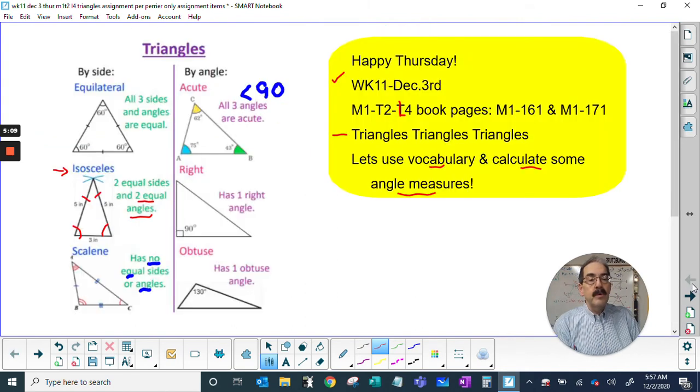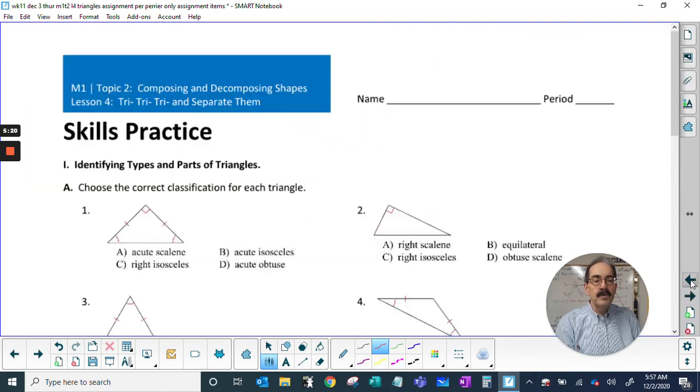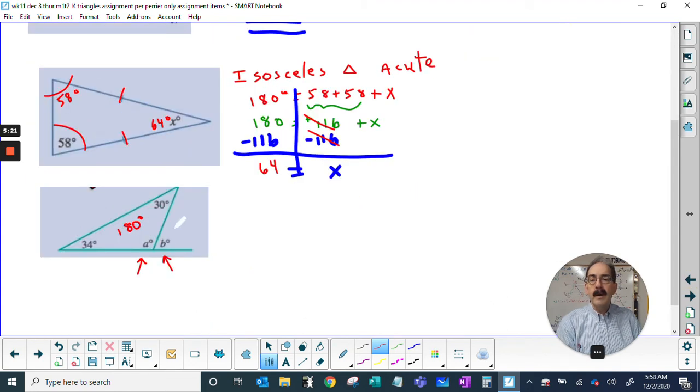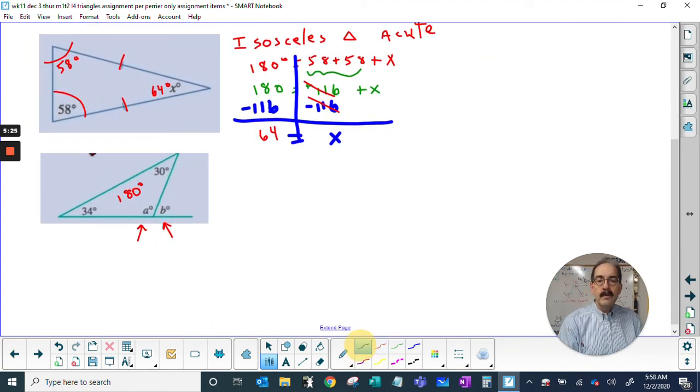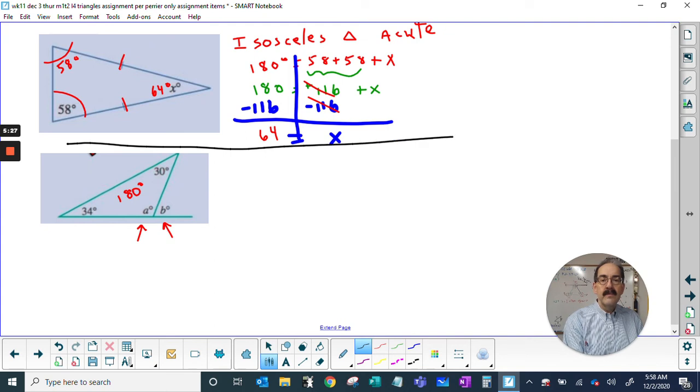What's the word that we use for triangles that are larger than 90 degrees? Obtuse. Let's see if it truly is obtuse. Draw a little fence here. We have 180 degrees is equal to 34 plus 30 plus A. Combine our like terms.